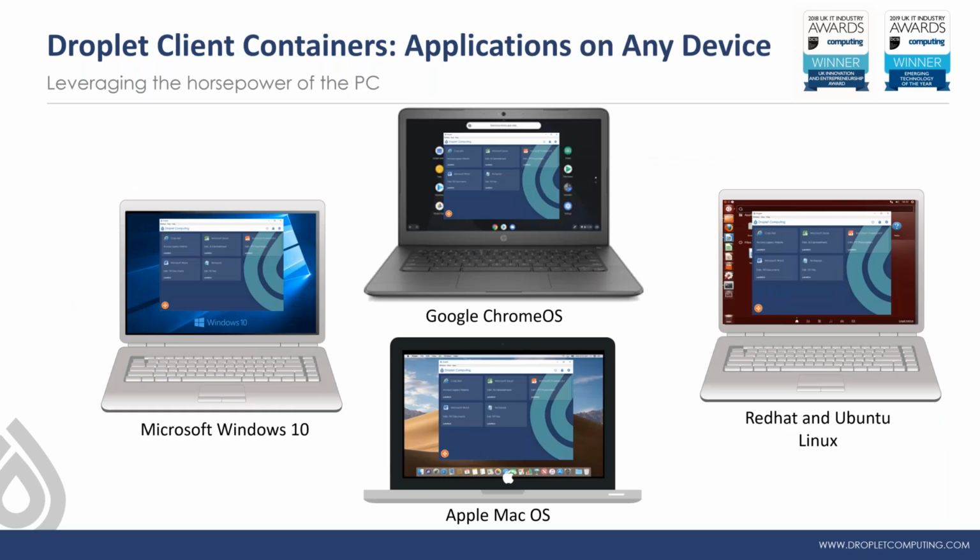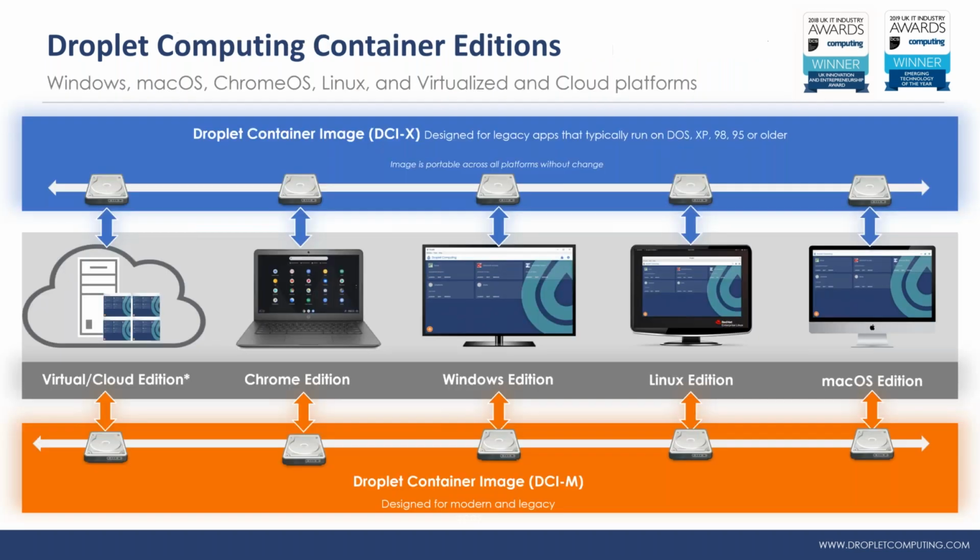On the client side, as Mark says, once inside a Droplet container, your applications can persist across a multitude of different operating systems, be that on Windows 10, on Chrome, on Apple Mac, on a Red Hat or a Linux system. And we distribute an executable for the different instances we support.